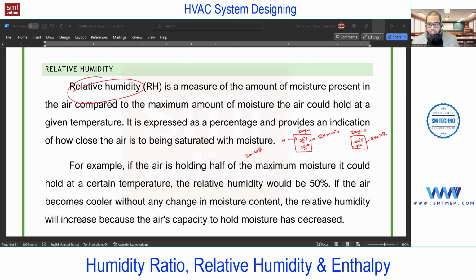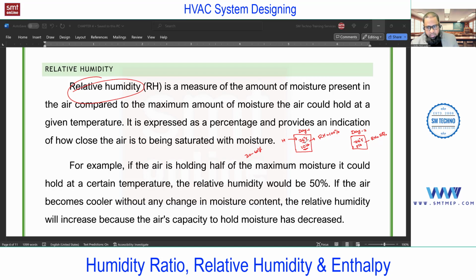I mean, for example, at 76 degrees Fahrenheit, we have 10 lb of moisture. Is that 10 lb the humidity ratio? The amount, yes, you can consider it humidity. This 10 pounds you can consider as total humidity, not humidity ratio, because humidity ratio is specific, per unit volume. This you can call total humidity, or total moisture present in the room.